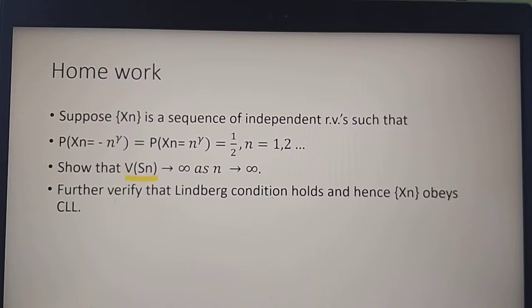After that, you verify whether the Lindeberg condition holds or not.